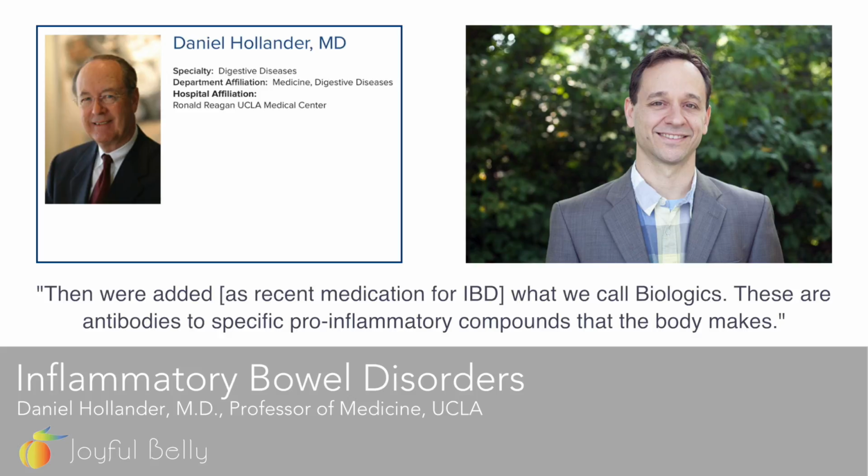And then the latest one is called Entyvio, and it's an antibody not to this one pro-inflammatory factor, but it's an antibody that works against a compound, again, it's a mouthful, and I apologize, called alpha-4 beta-7, but it's an integrin.